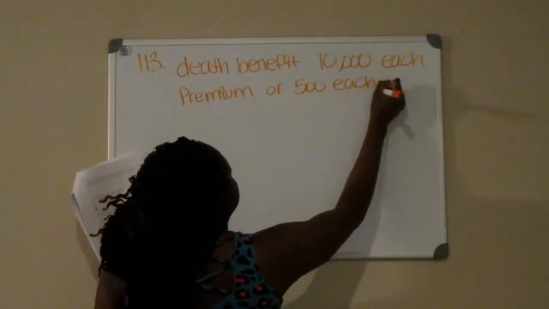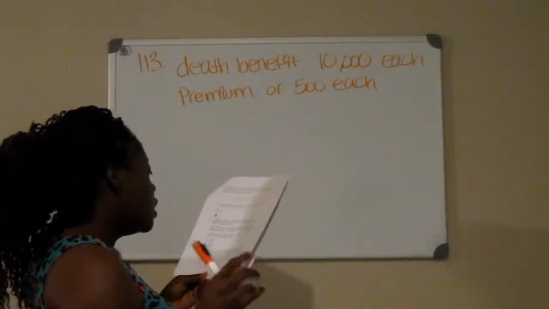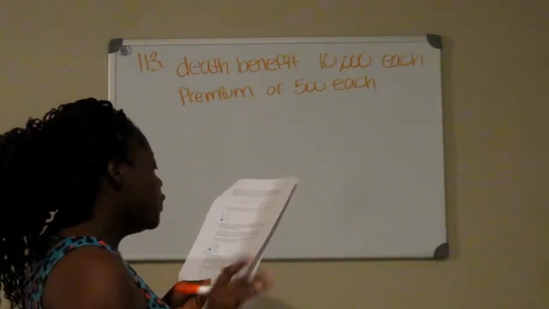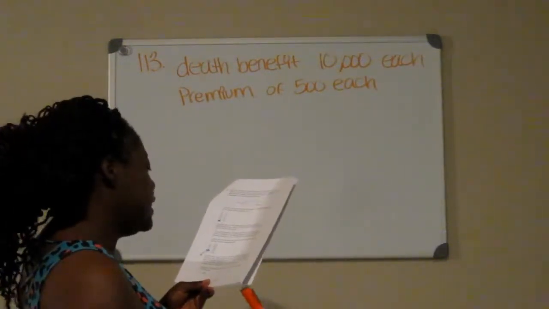This is very important to know, that that's each one, okay? They are sold to a married couple, one for each person. The policy will expire at the end of the 10th year.